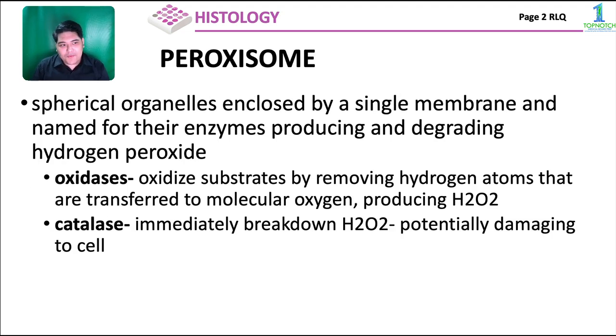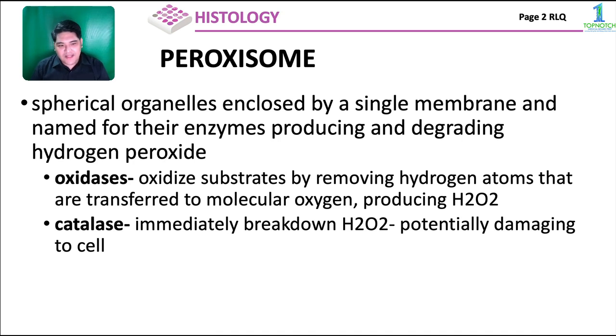Then we have our peroxisome. These are spherical organelles enclosed by a single membrane and named for their enzymes producing and degrading hydrogen peroxide. Kaya nga peroxisome. You have your oxidases and your catalases. Your oxidases oxidize substrates by removing your hydrogen atoms that are transferred to your molecular oxygen, producing now your hydrogen peroxide.